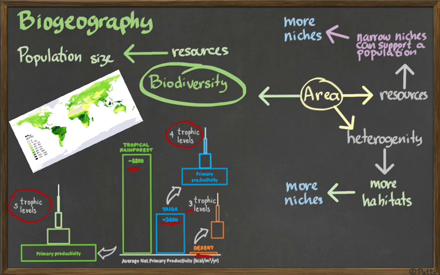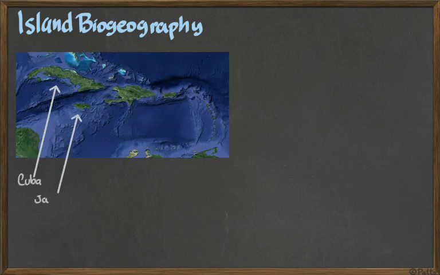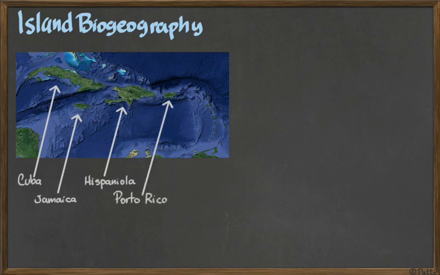This was hypothesized by two brilliant guys, Wilson and MacArthur, and they went on to take a look at islands to see if this happens. One classic place to investigate this is the Caribbean. The Caribbean has islands. They are all quite isolated. They're in the middle of the Caribbean Ocean, but they have different sizes.